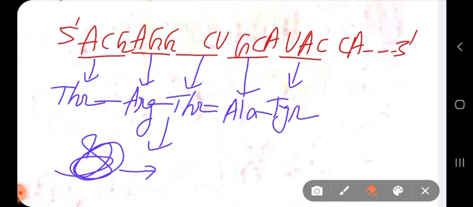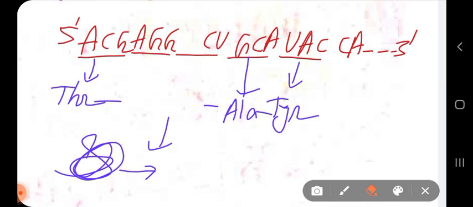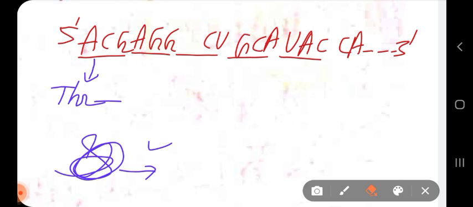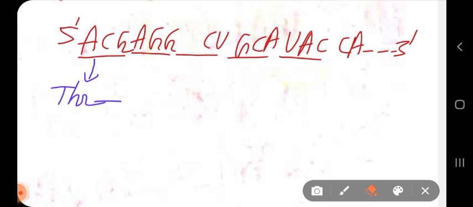The whole system will be changed. How? Let us see. ACG codes for threonine, AGG codes for arginine, up to this much okay.